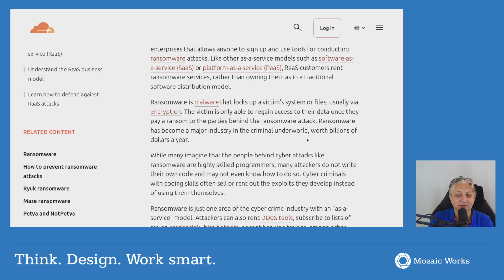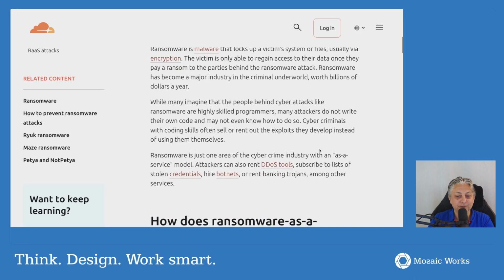Like other as a service models such as software as a service or platform as a service, ransomware as a service customers rent ransomware services rather than owning them as in a traditional software distribution model. Ransomware is malware that locks up a victim's systems or files, usually via encryption. The victim is only able to regain access to their data once they pay a ransom to the parties behind the ransomware attack. Ransomware has become a major industry in the criminal underworld worth billions of dollars a year.